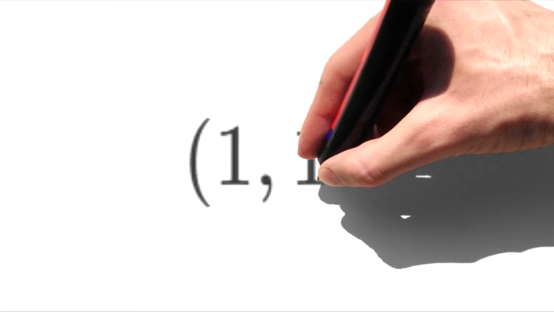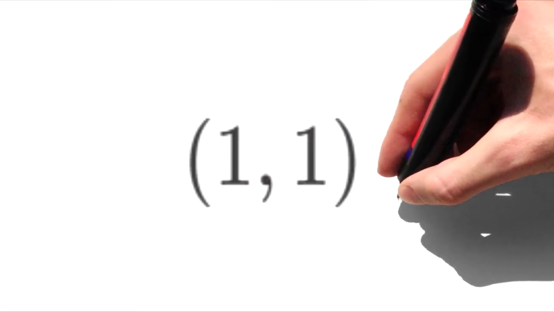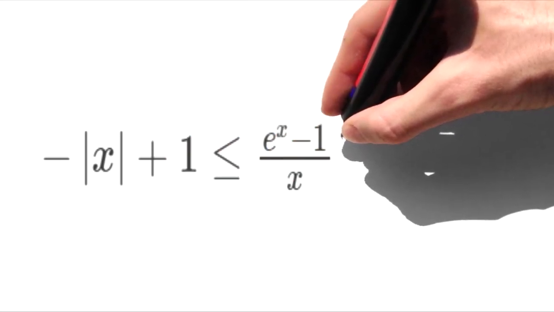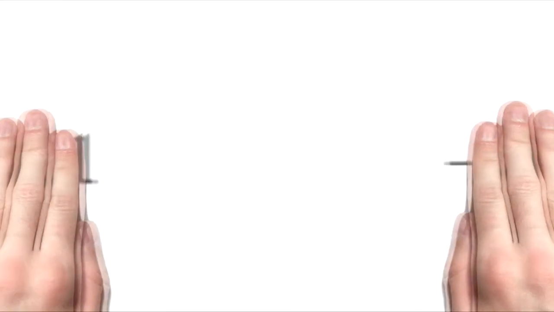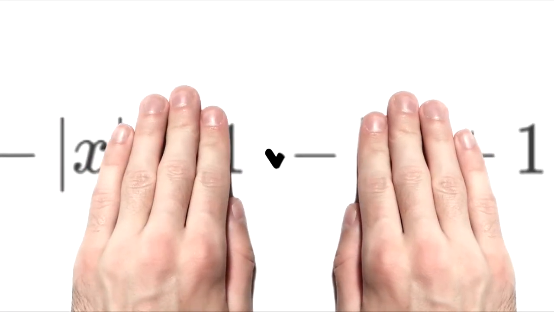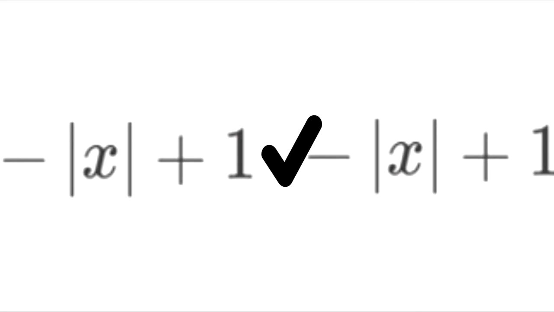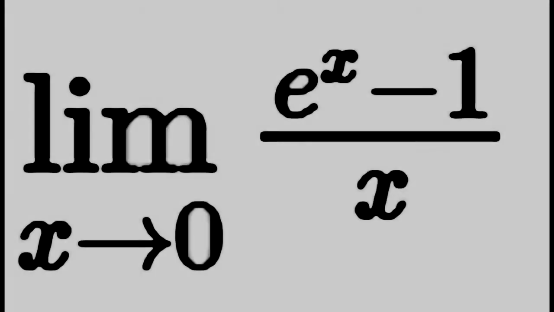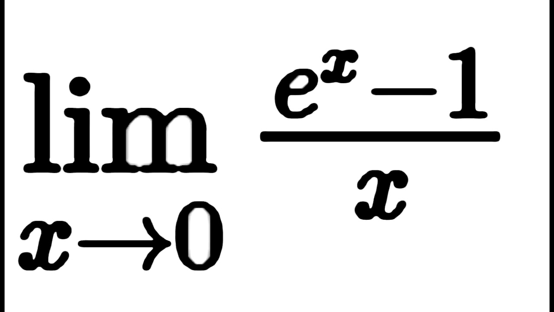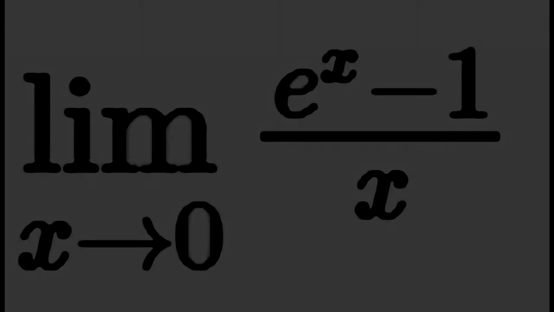On the open interval -1, 1, we have... Using the squeeze theorem, we found out the limit of the left-hand side function and the limit of the right-hand side function are equal. Therefore, with the squeeze theorem, the limit of e raised to x minus 1 over x as x approaches 0 will always be equal to 1.